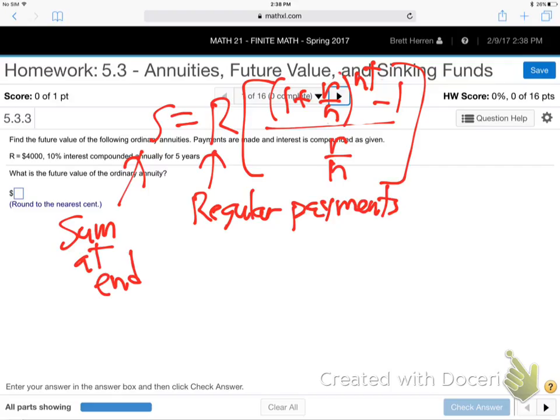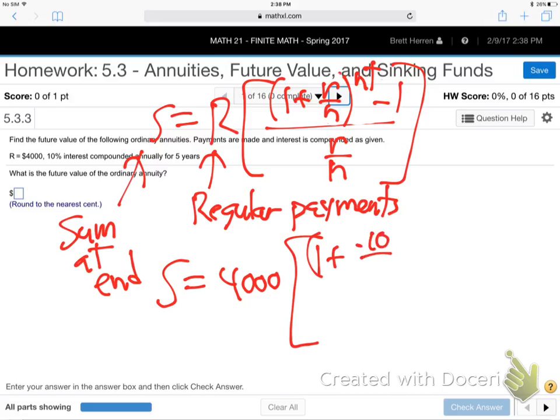So let's give it a try. They're telling us the R is 4,000, and the interest rate is 10%. What is the N on this one? Where does it say? Compounded annually. Oh yeah, I put my arrow over it.